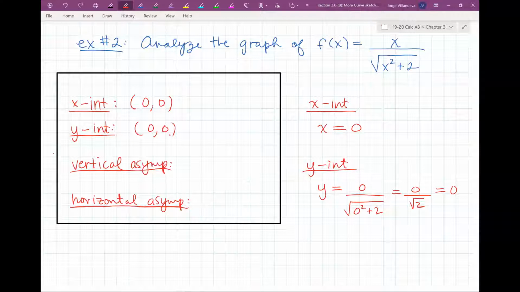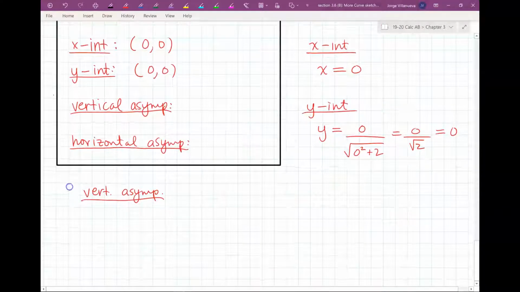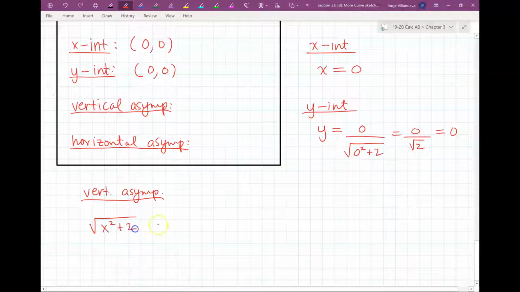Now, vertical asymptote. In order to do that, I'm going to write it over here. You're going to take your denominator, which is the square root of x squared plus 2, and set it equal to 0. And you're going to solve. So the first thing I'm going to do is take both sides and raise them to the second power. That gives me x squared plus 2 equals 0.